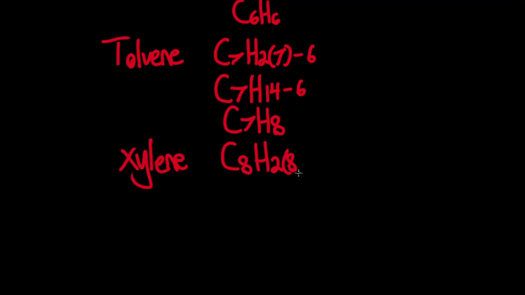H2 times 8 minus 6, C8, H16 minus 6, and I get C8H10. Okay, that's my general formula.